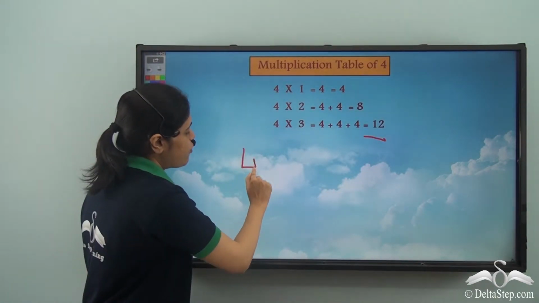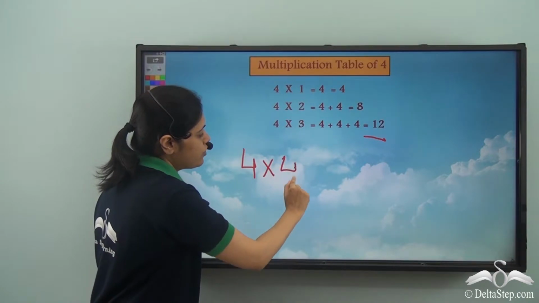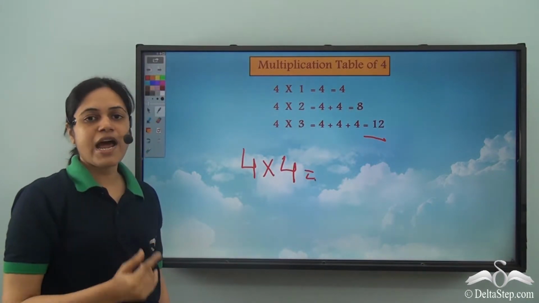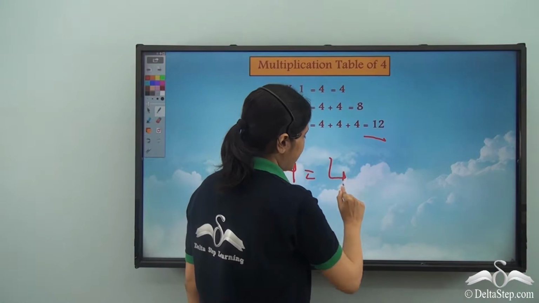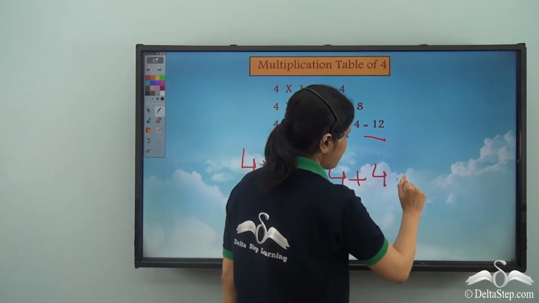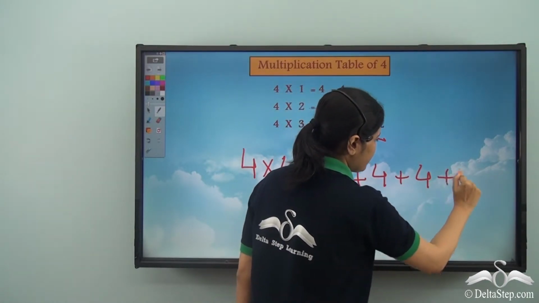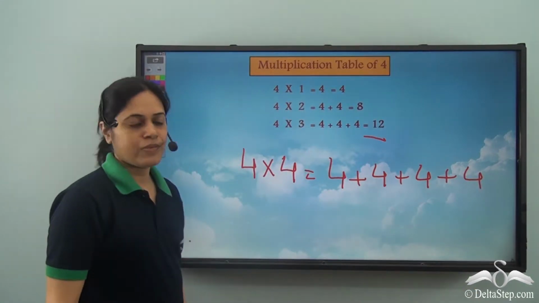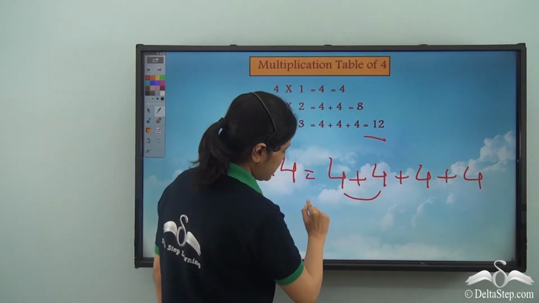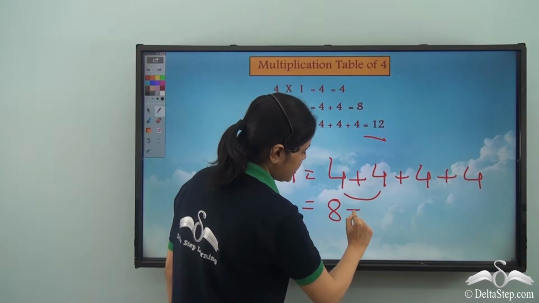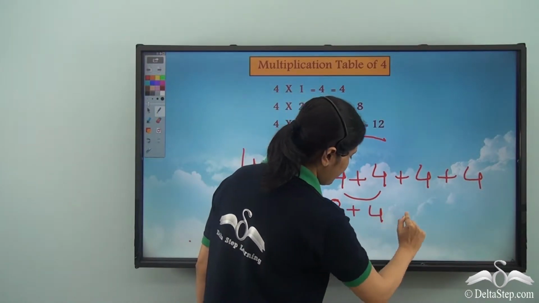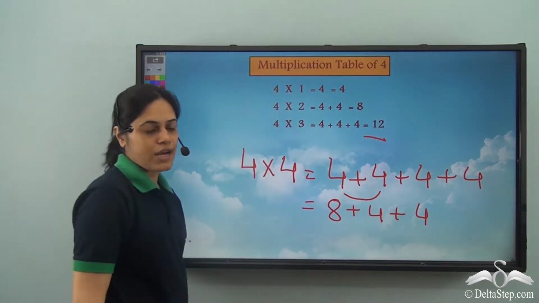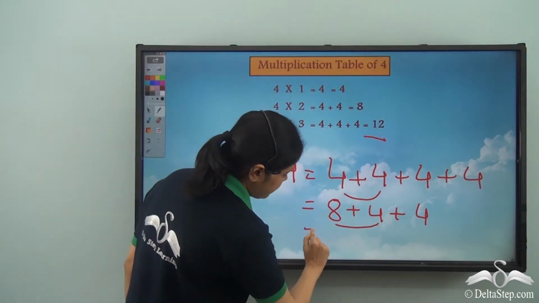Next we have 4 into 4, which is 4 added 4 times. That is 4 plus 4 plus 4 plus 4. Now 4 plus 4 is 8. So 8 plus 4 plus 4. 8 plus 4 is 12.